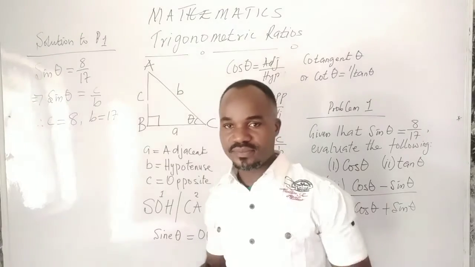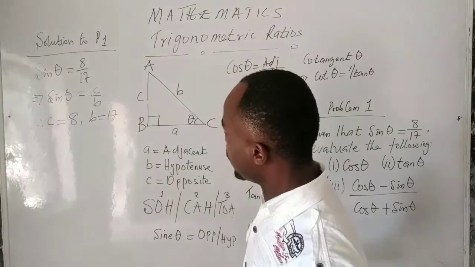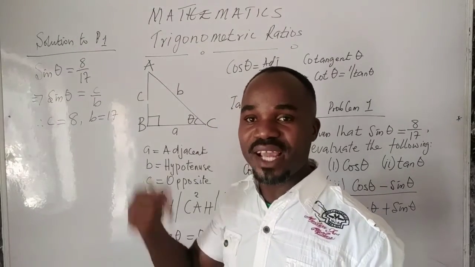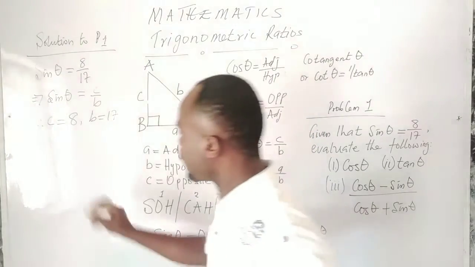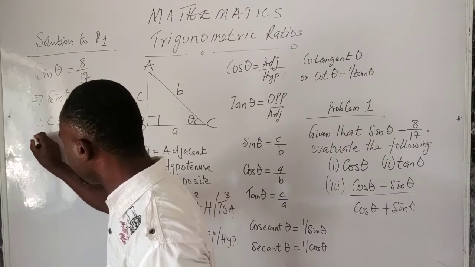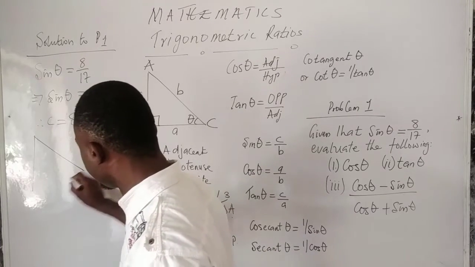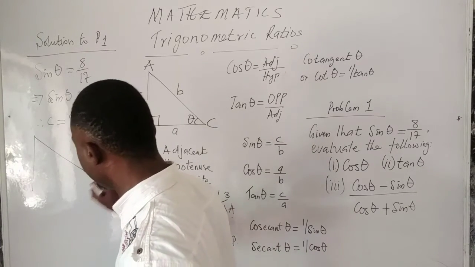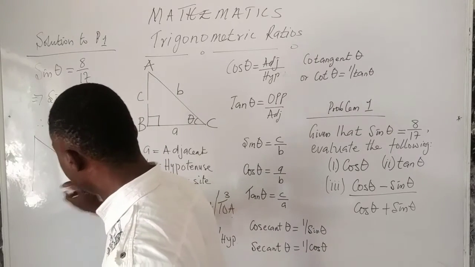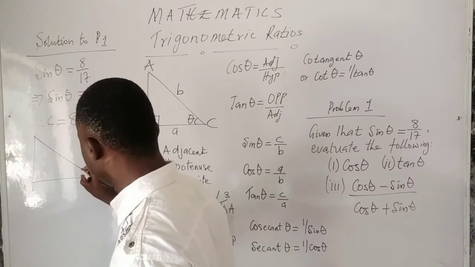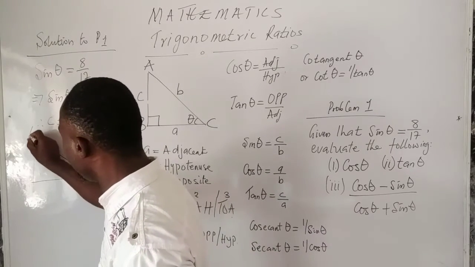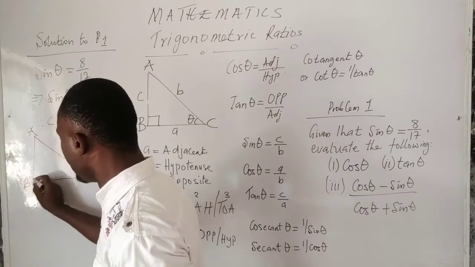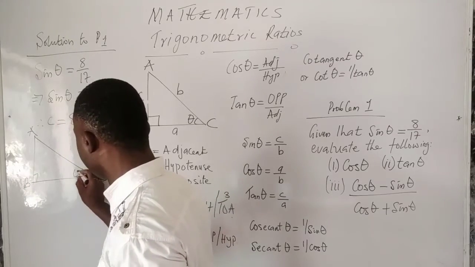With this, we now consider redrawing the right angled triangle once again. Let's see the side that we are looking for. So if we redraw, we have a right angle triangle. We have C, we have A, and we have B once again with the angle theta.